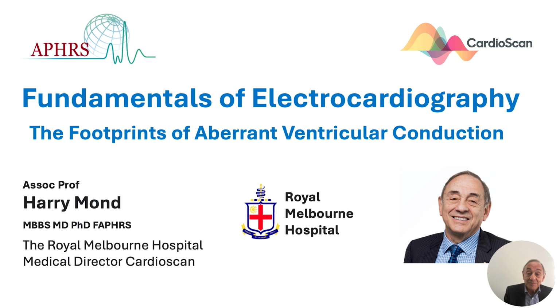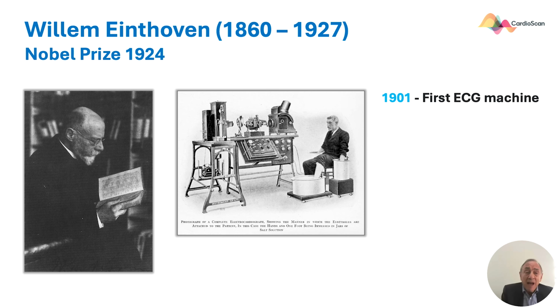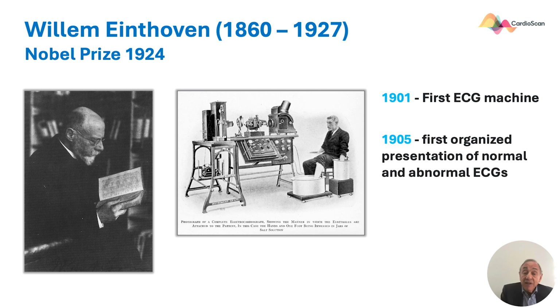I would like to commence this talk by paying homage to Willem Einthoven, 1860-1927. He was the man that built the first electrocardiograph machine in 1901, and in 1905 presented the first organised presentation of normal and abnormal ECGs.